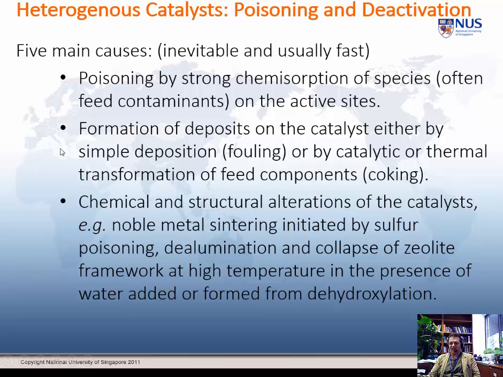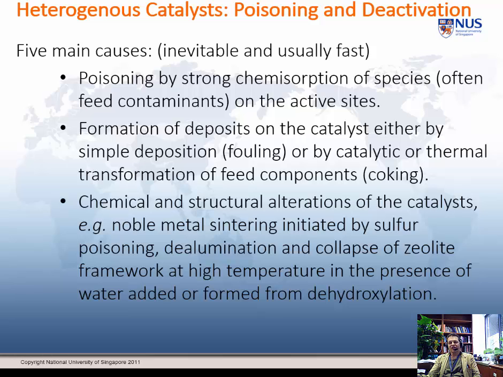Formation of deposits on the catalyst, either by simple deposition, which is called fouling, or catalytic or thermal transformation of the feed components. So effectively in the second case, the catalyst is working. Unfortunately, it's coking up with the products at the same time.